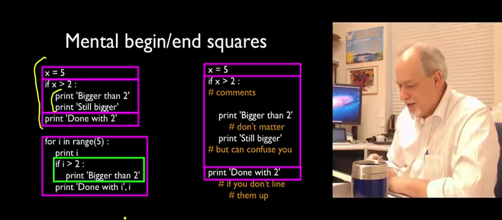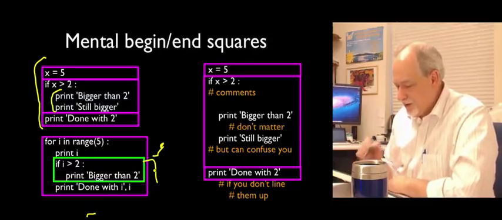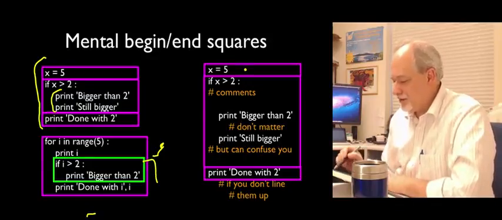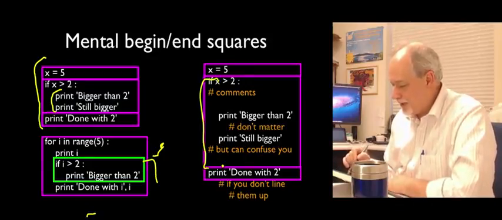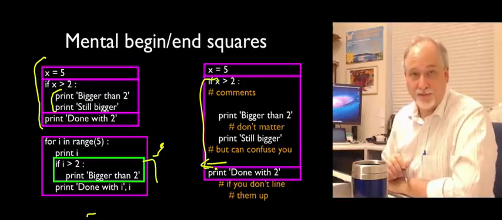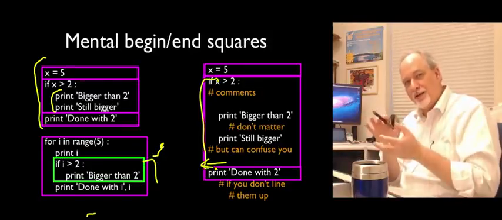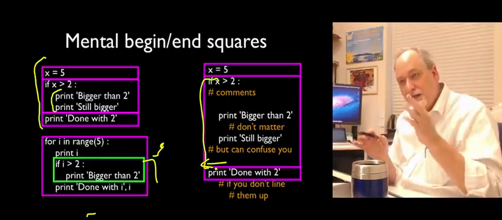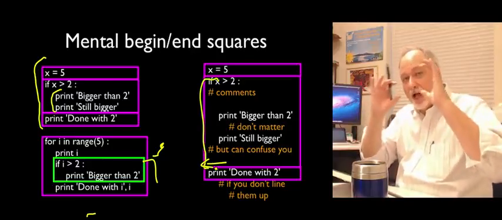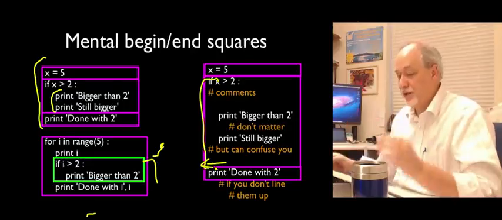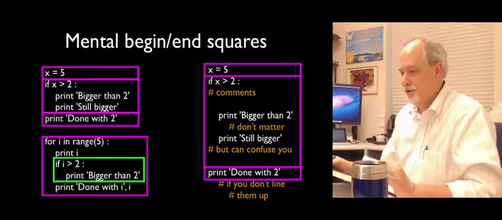This green block is the one that has to do with the if. And then there's a block here, and then this is a great big block because this is where it finally de-indents. So don't worry about it yet, but at some point you're just going to start seeing this indenting and de-indenting as defining blocks of code for various purposes. Now we don't have all the purposes yet, but we'll get there.